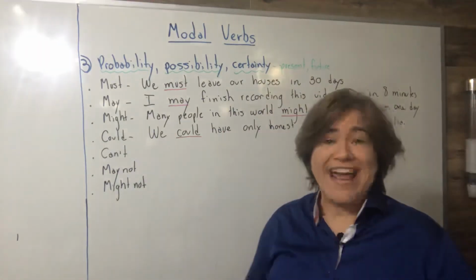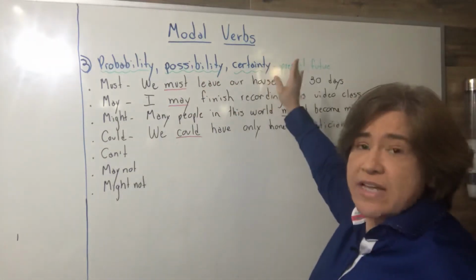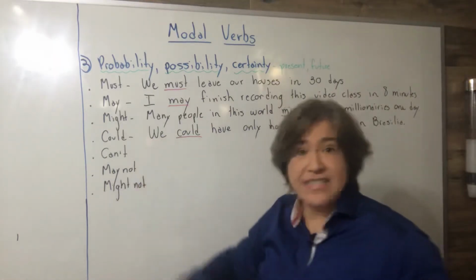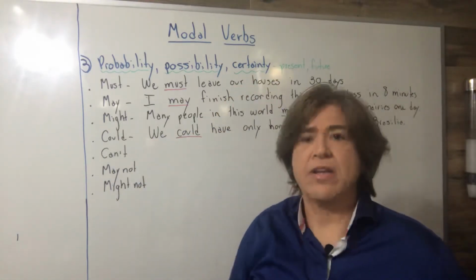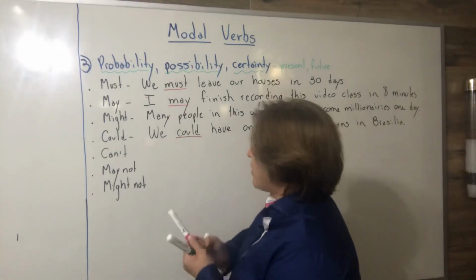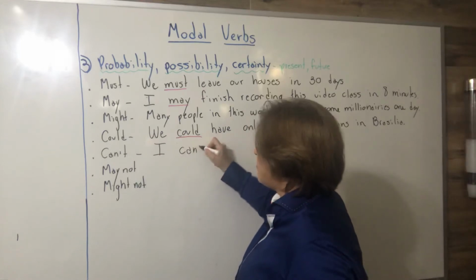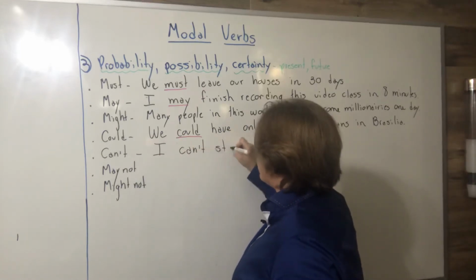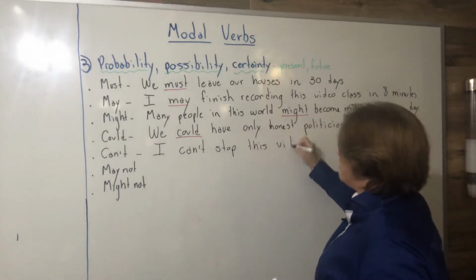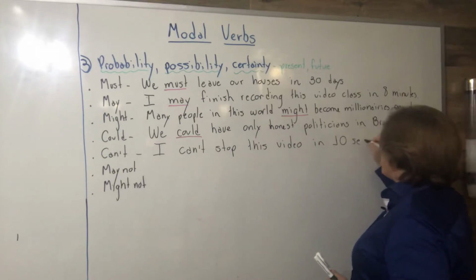When we go for negative, talking about possibility, probability, certain in future, we need to say can't, giving certain, 100% certain. So that means this sentence: I can't stop this video in 10 seconds.